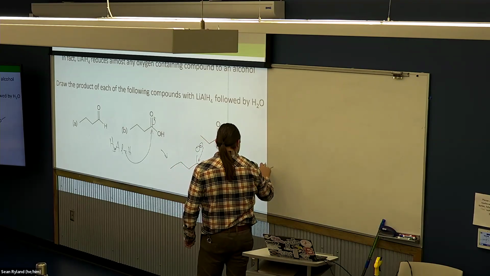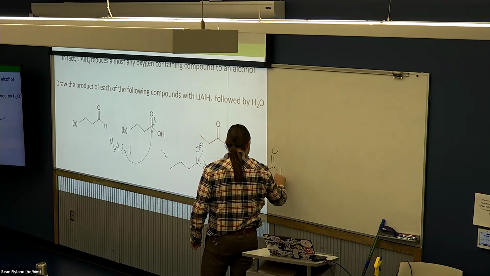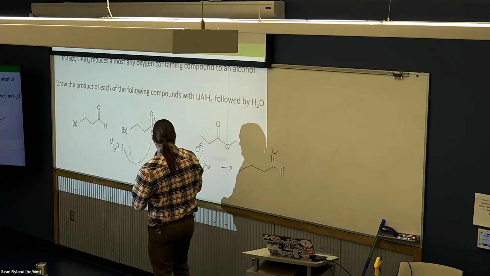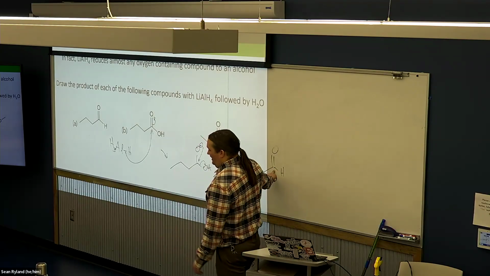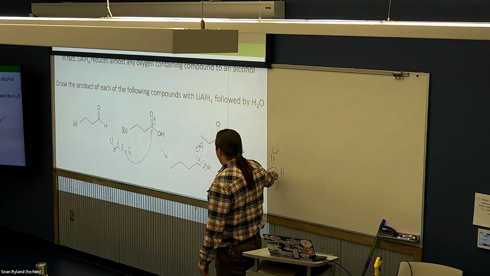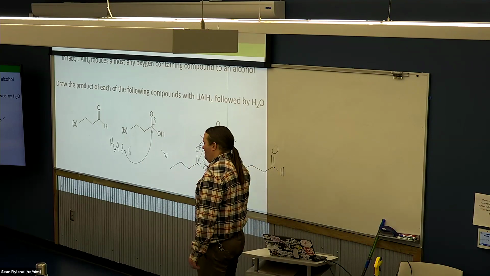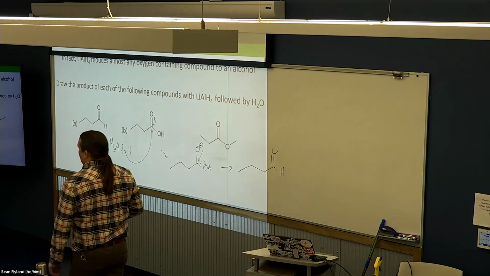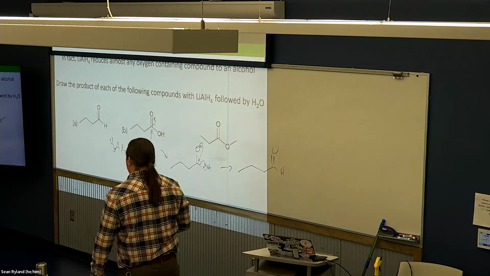So then we're back to, we reduced the carboxylic acid to an aldehyde. But now that we have an aldehyde, we can do the same thing we just learned on the previous slide to finish the step.